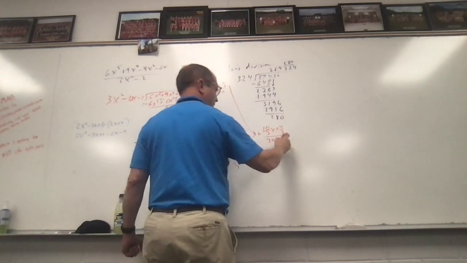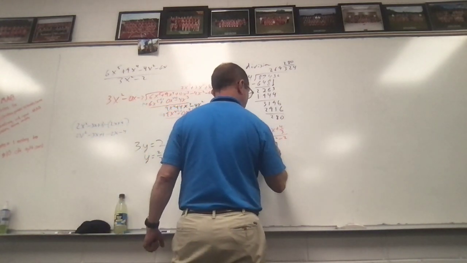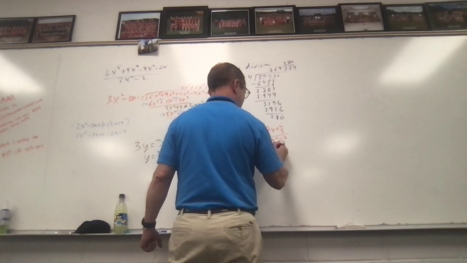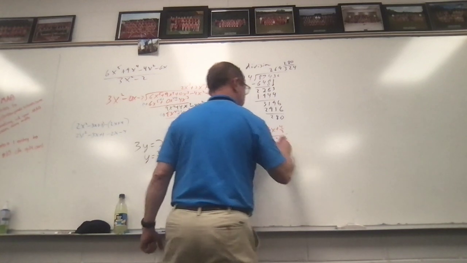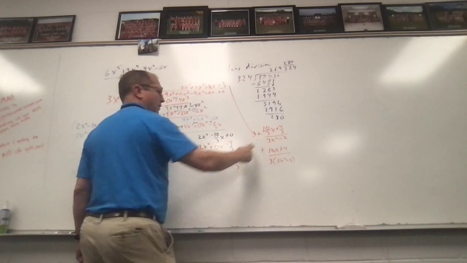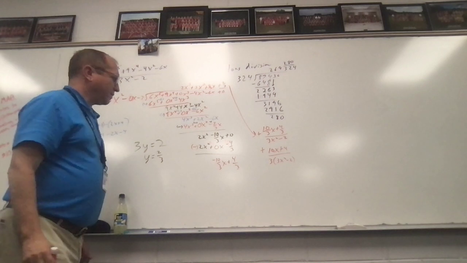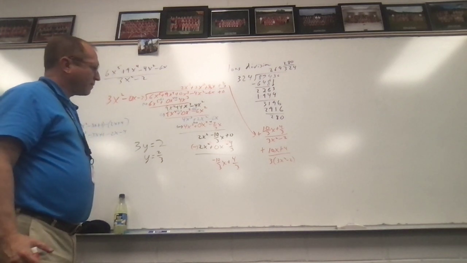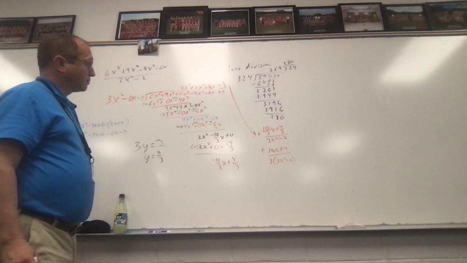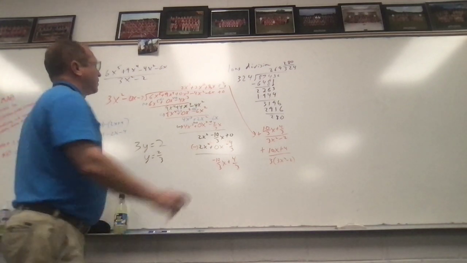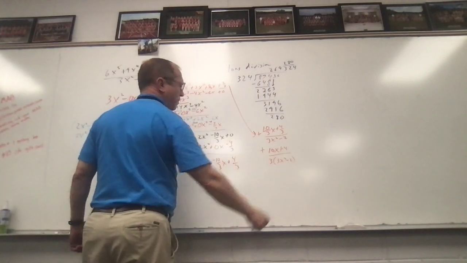And if I want to get really fancy with it, that becomes plus 10x plus 4 over 3 times 3x squared minus 2. In other words, you're pulling this 3 down to here. And you can do that with a common denominator. So this would be the quotient and this would be the remainder.